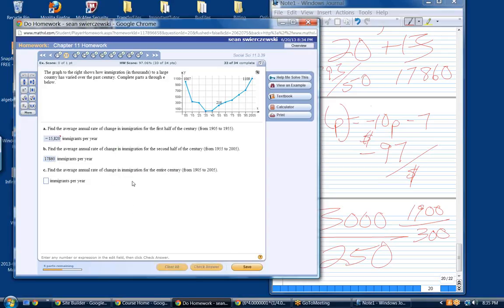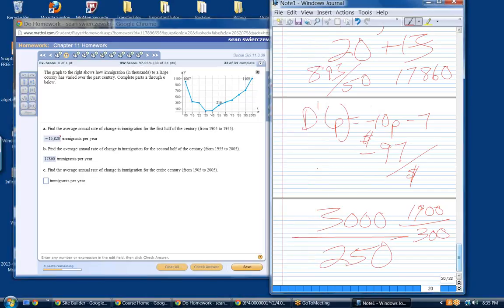Find the average annual rate of change for the entire century. Looks like 102 divided by 100. So it's 1.02, but now I'm going to make it 1020, right?